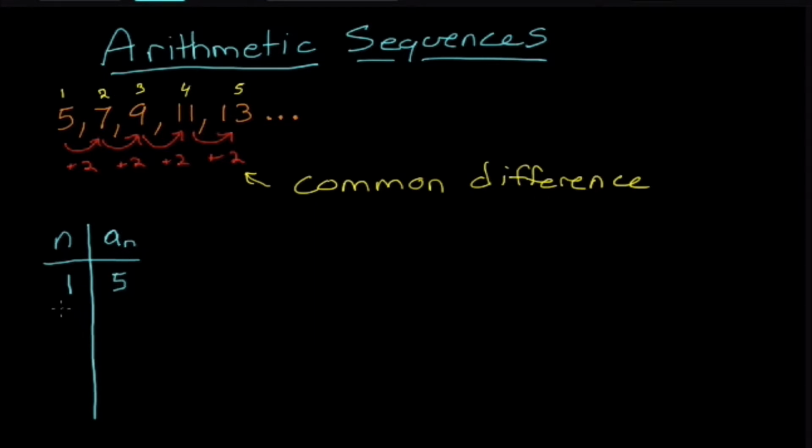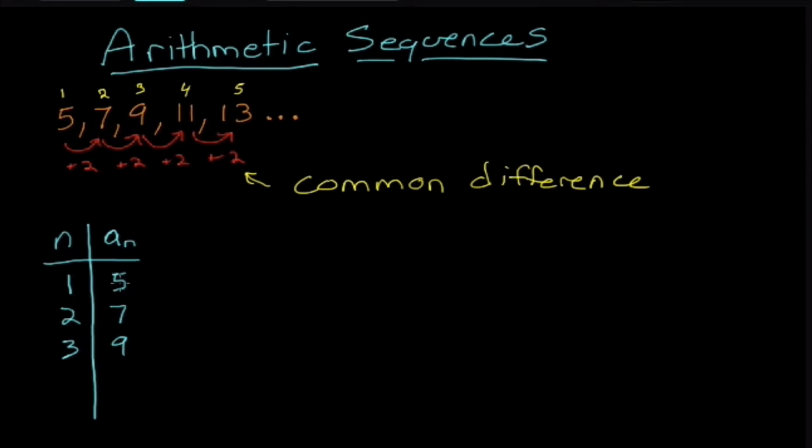And so the second term is 7. The third term is 9. The fourth term is 11, and the fifth term is 13. And in fact, I'm not going to need all of these to show you how to derive the formula. And I'm going to need some space. So let's just use the first 3.